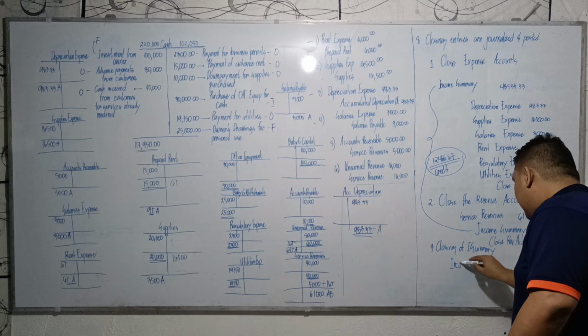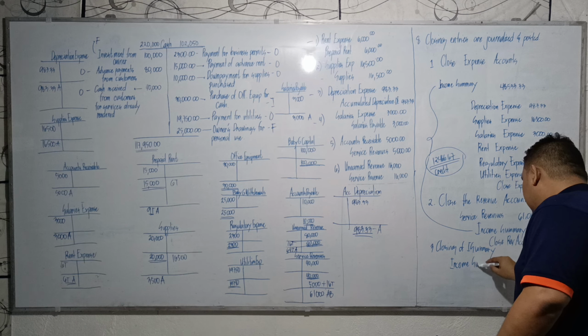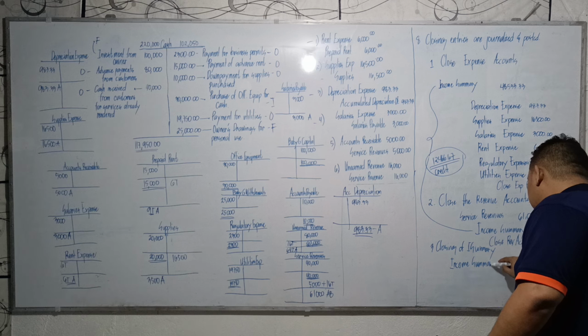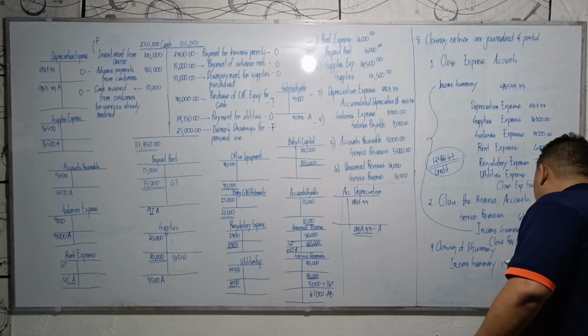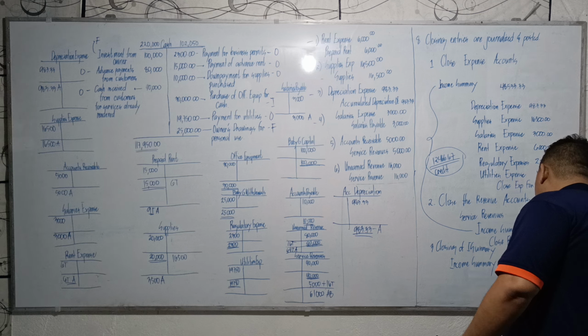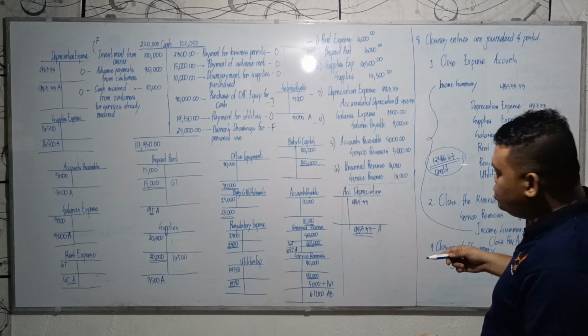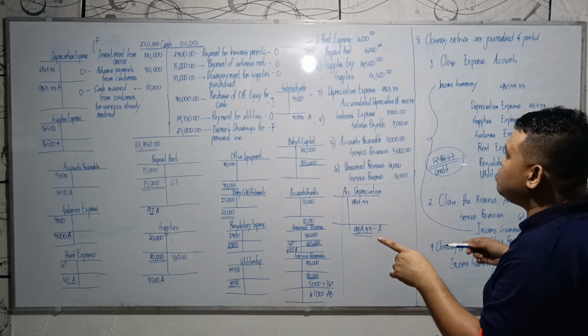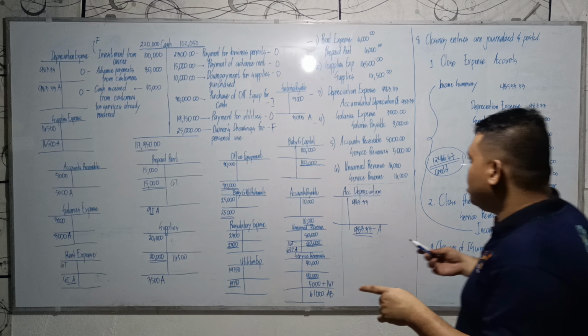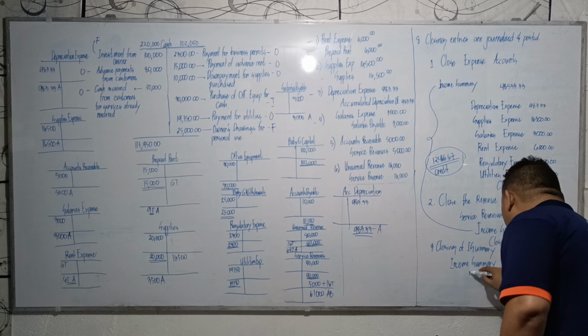Income summary, you close the 12,466.67 and put it on the capital account, which in this particular problem, the BBG company, is the BBG capital.